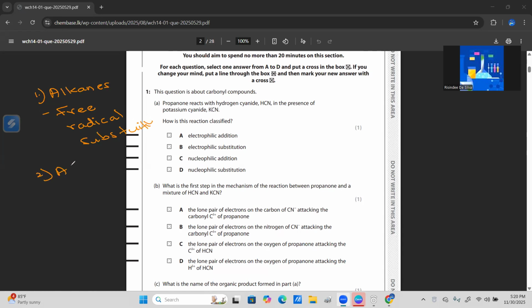If it is alkenes or alkynes, they will undergo electrophilic addition. If it's benzene, they will undergo electrophilic substitution.